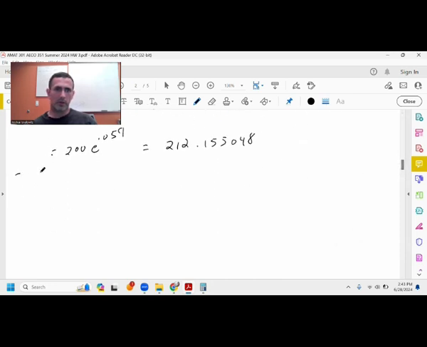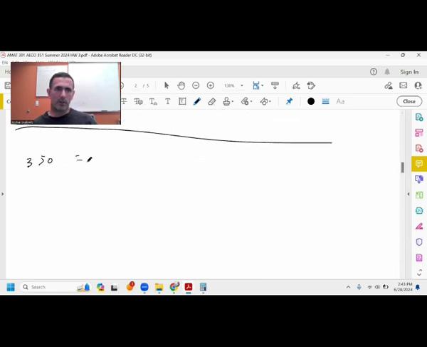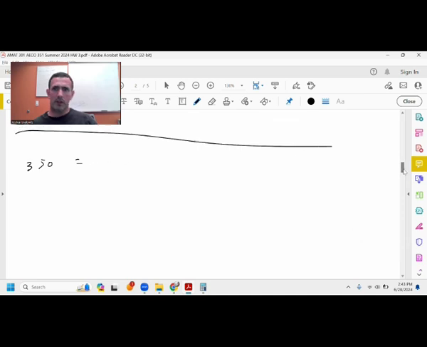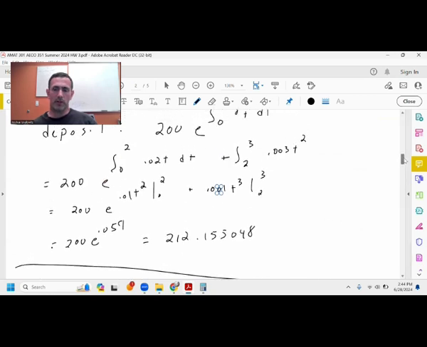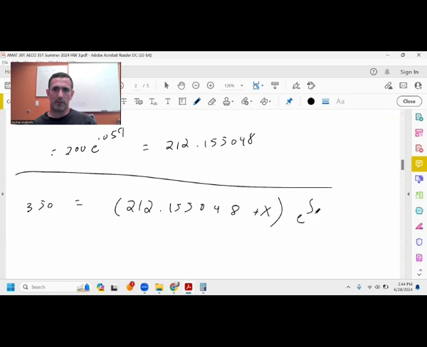Right. Okay, so my total AV is 350. So after the x deposit, we have 212,155,048 plus x. Well, this is going to earn 2 years of interest from 3 to 5. 0.003 t squared.